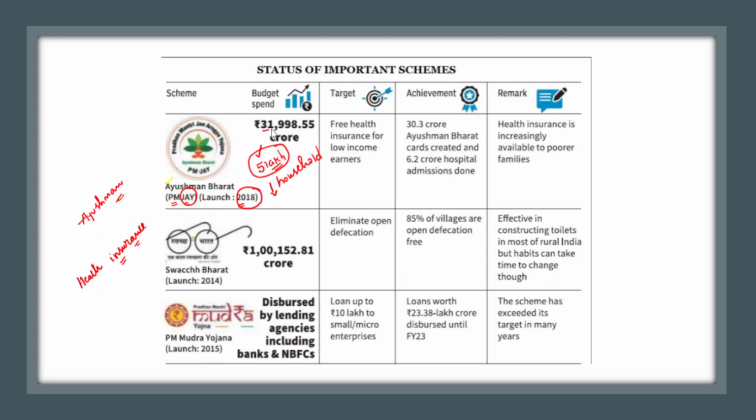In this interim budget, around 31,998 crore has been allocated for PM Jan Arogya Yojana by the government. It is a free health insurance for low income earners.